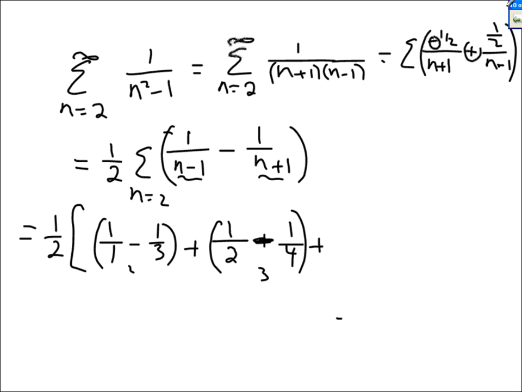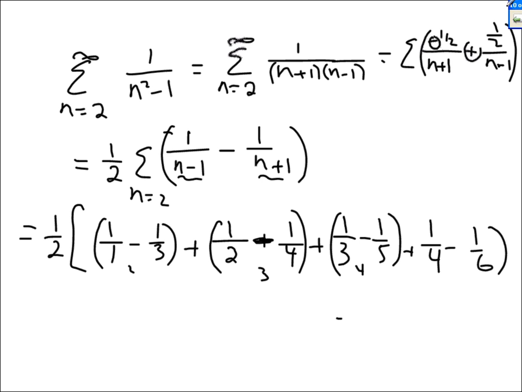Okay, now n is 4. So we have 1/3 minus a fifth. Now n is 5. So you have 1/4 minus 1/6.